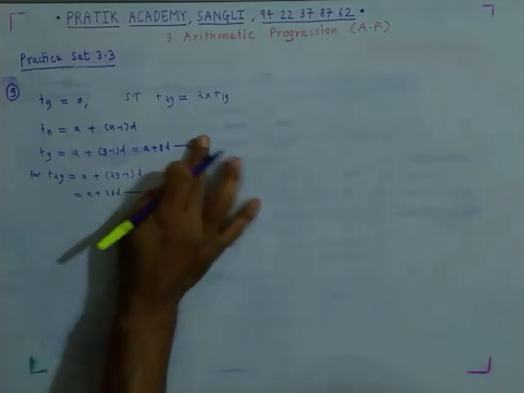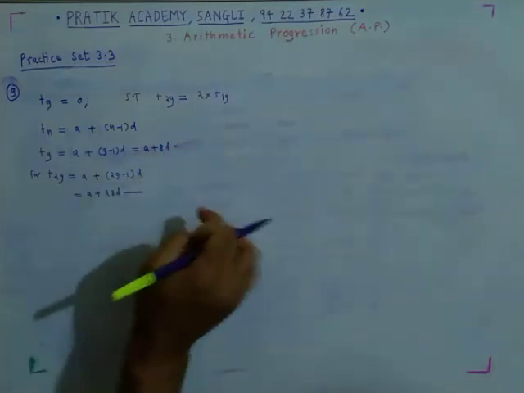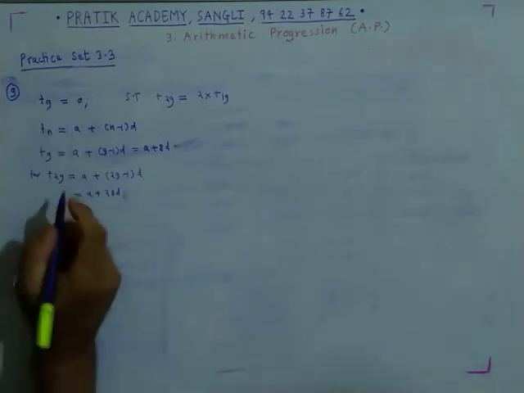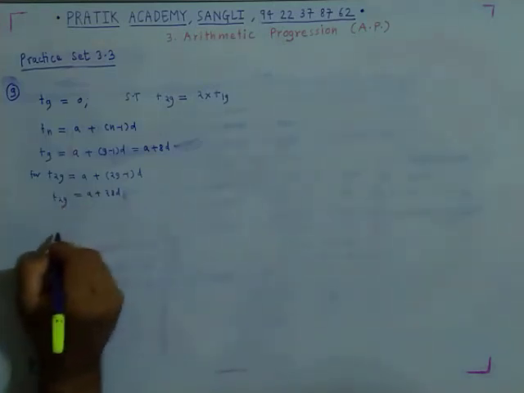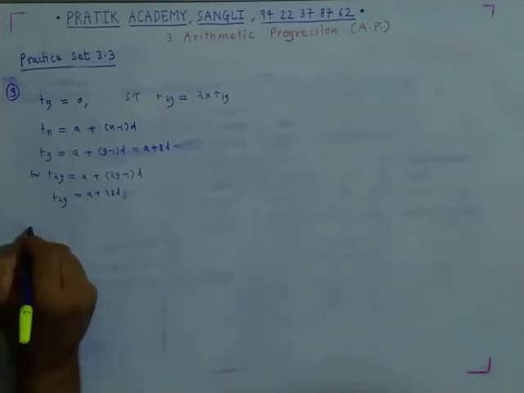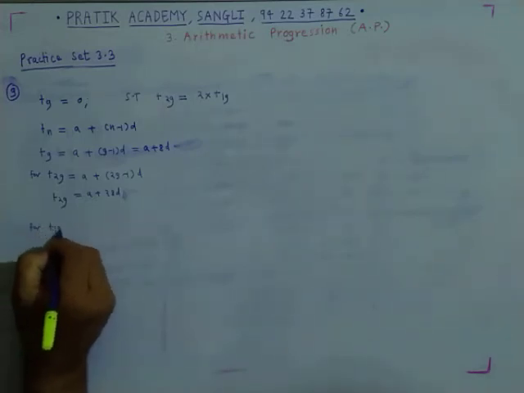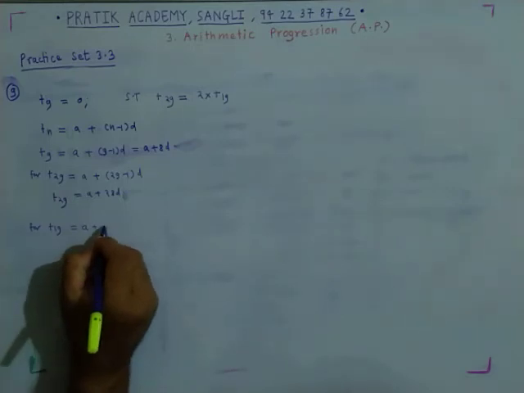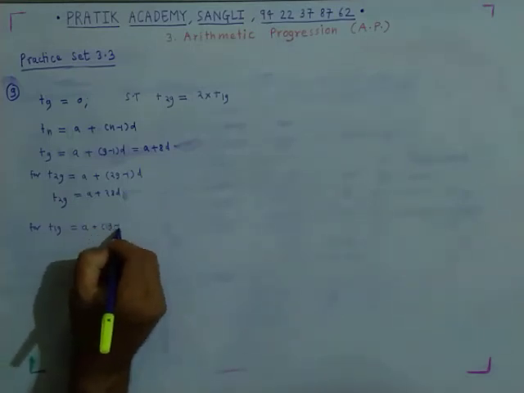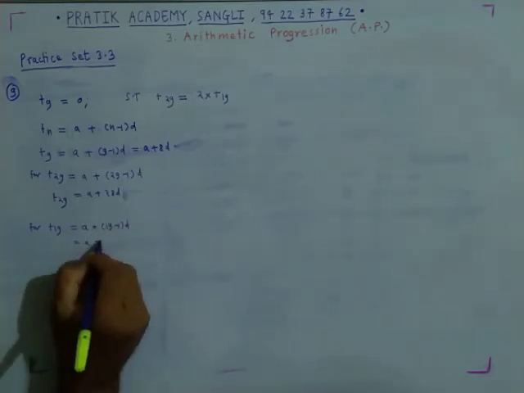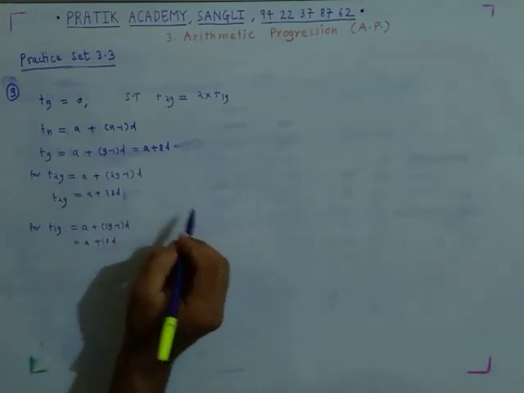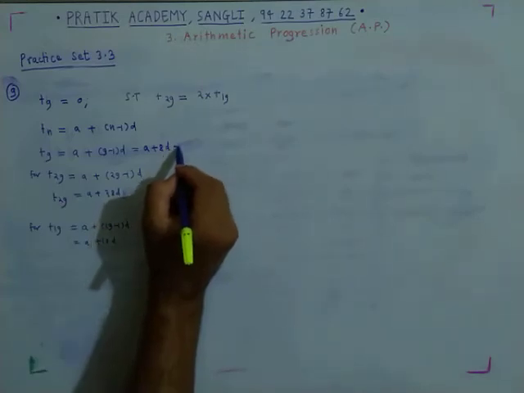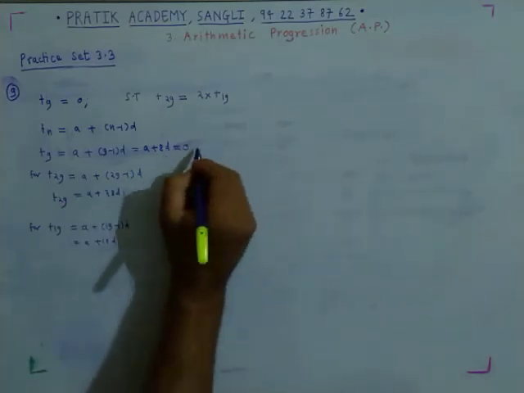Now for t19. But the value of t9 is 0, that is a plus 8d is 0.